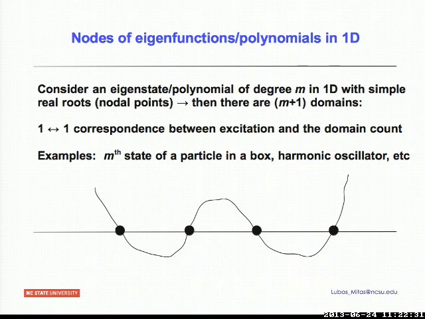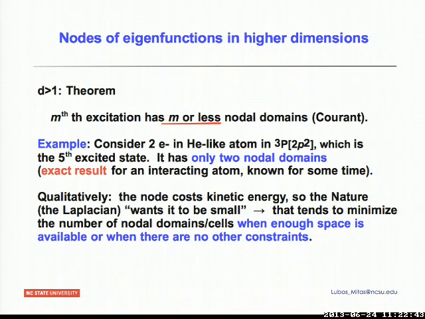For example, this would be the fourth order state, say the polynomial part of the harmonic oscillator state. But this is only for one dimension. For more than one dimension, the nth excitation has n+1 or fewer nodal domains, and that's a famous theorem.